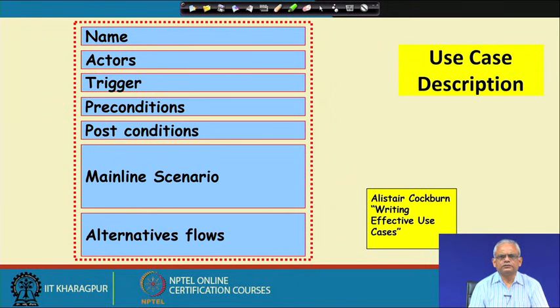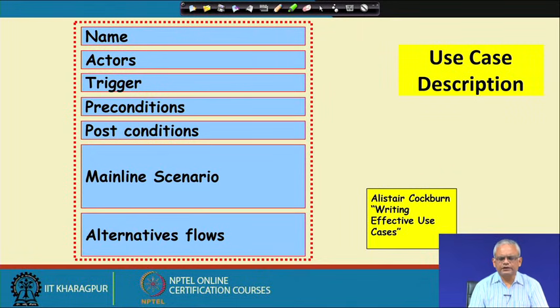Developing the graphical model of a use case is the first step, but then that does not give a lot of details. It just tells us what are the requirements, what are the use cases and so on, but we need to also document the use cases.